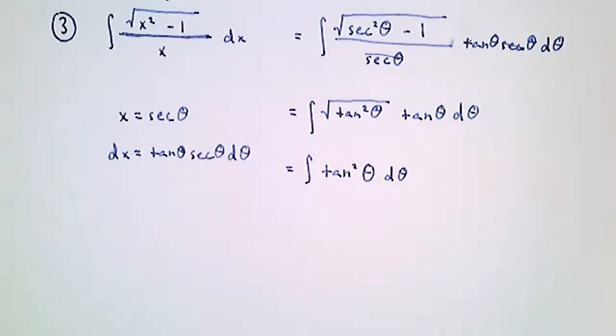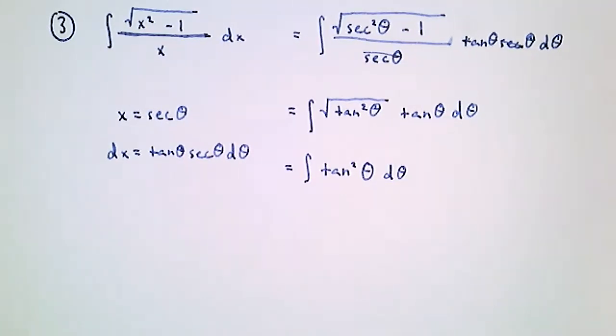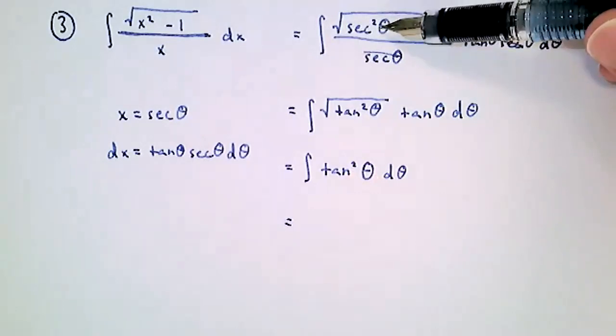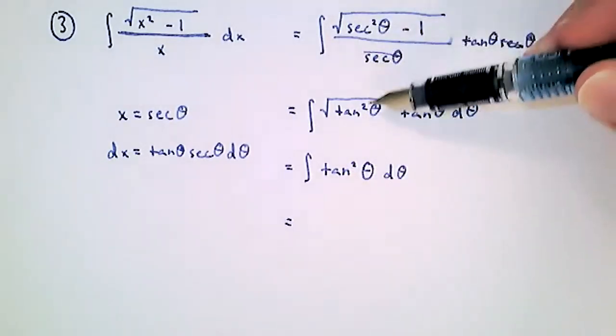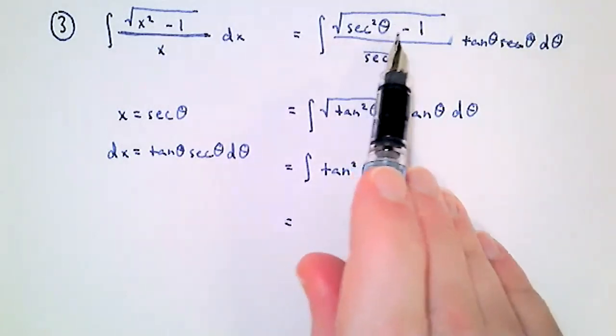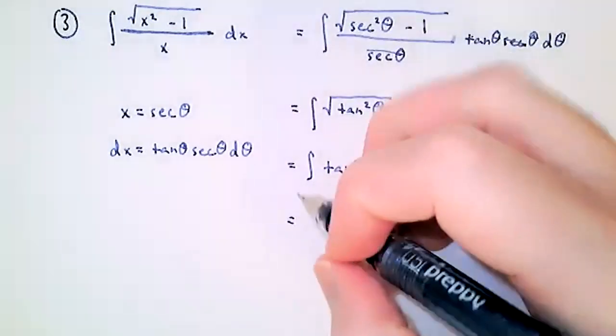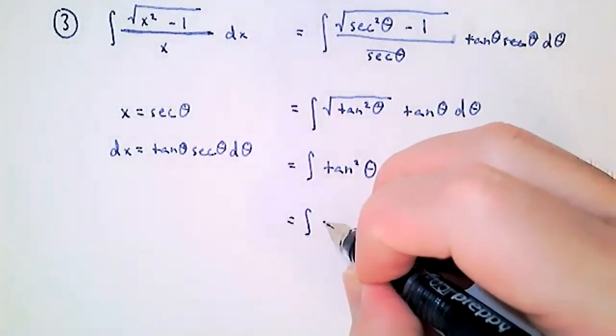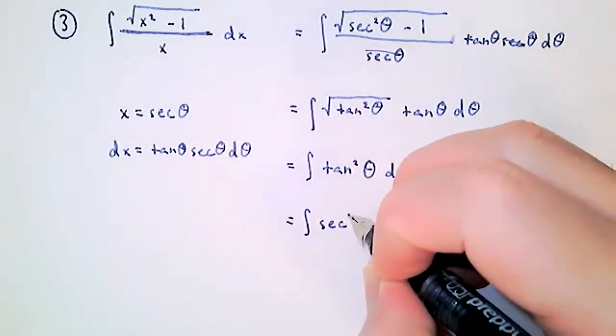So what do we do with tangent squareds? We learned this in the last section. When we have even powers of tangent, we have to convert them into secants. So we're actually going to kind of undo what we did to get the tangent squared underneath. We're going to go backwards to secant squared minus 1 in place of tangent squared.